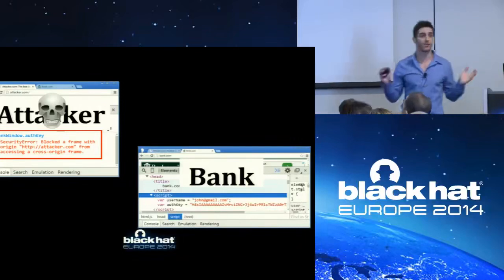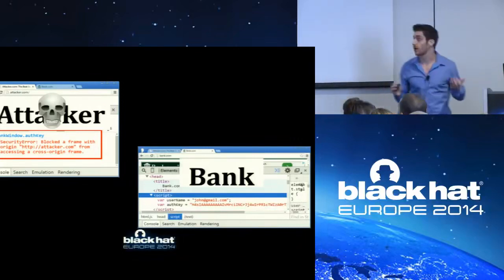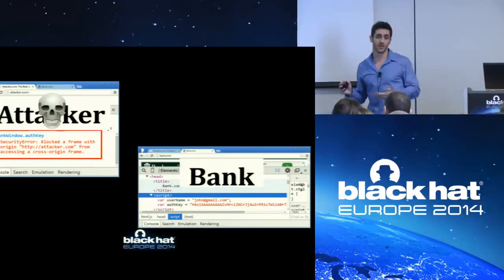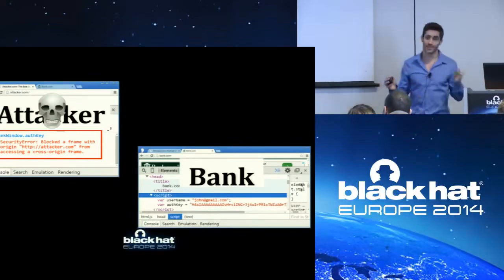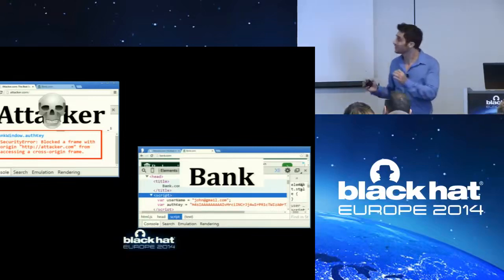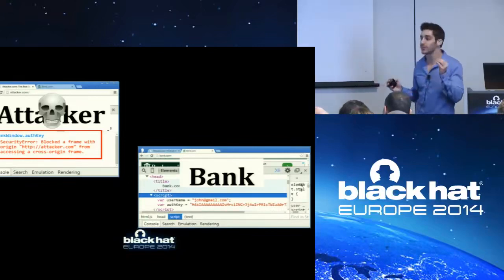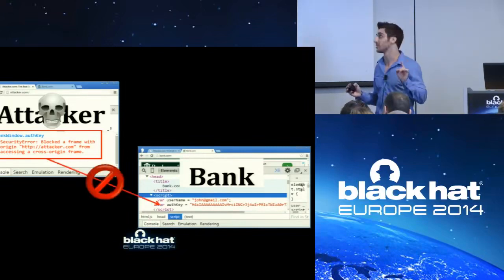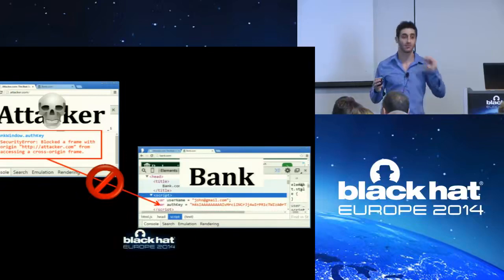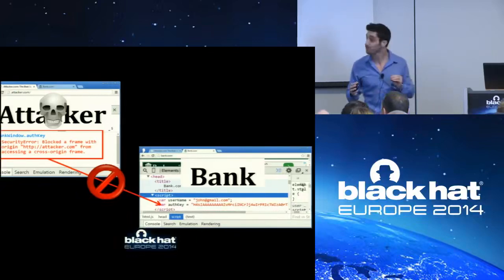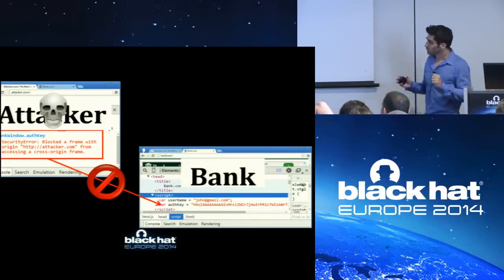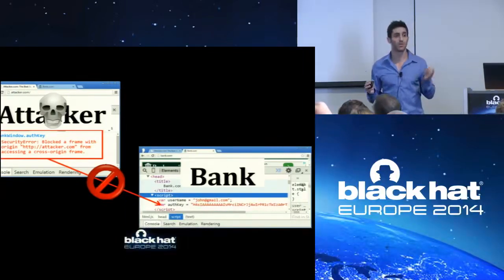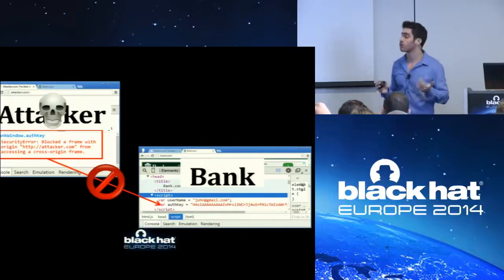Assume you have three windows open in your browser: your banking website, your Gmail, and just another random web page. And that web page tries to access your private banking information. Same origin policy will say no to this attempt because it's coming from a different domain, a different origin. Therefore, the attacking web page wouldn't be able to steal your money or your private emails.